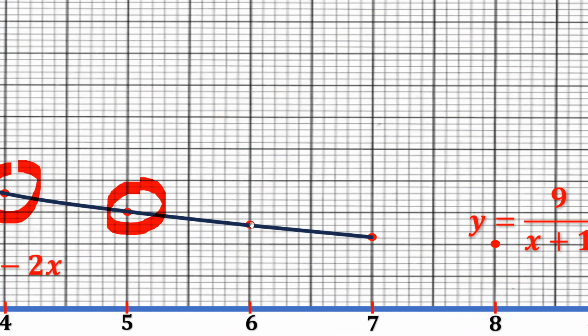Let me look at it. Sorry, this is 1. Oh, I am so sorry. This is right. This is 1. This is 1, 1.1, 1.2, 1.3, 1.4, 1.5. Okay, so we do have it right.